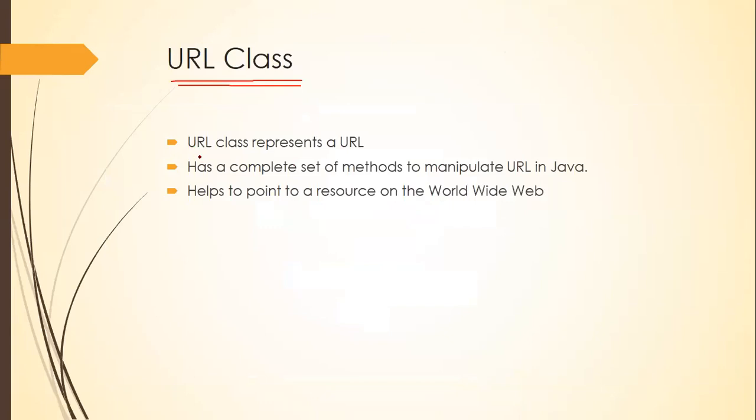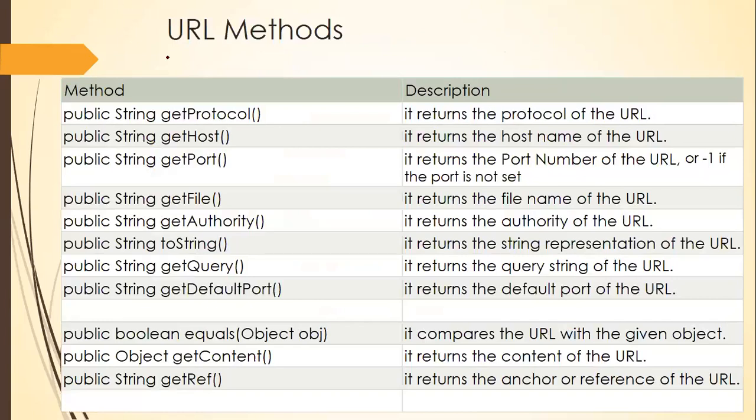As I told you earlier, the URL class represents a URL. It has a set of methods which are used to get information about a URL. It will give you all the metadata with respect to a particular URL. And how do you get it? You get it with the help of URL methods.